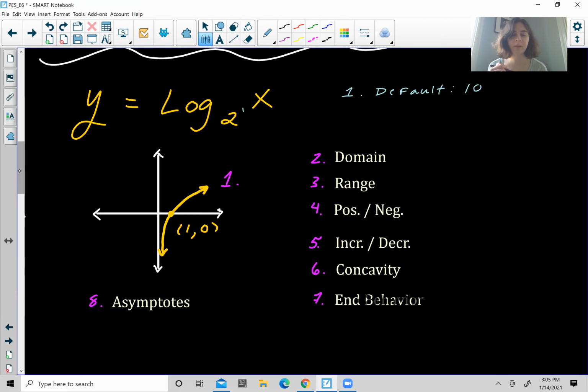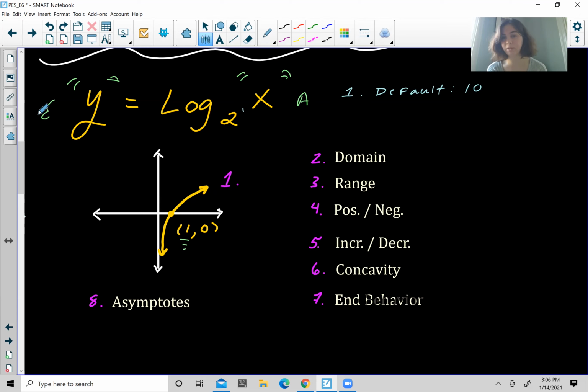And so number 1 is referring to intercepts. The intercept for this one is going to be (1, 0), which would make sense because if we had an answer of 1, and remember, I like to think of my x as the answer and my y as the exponent, if we had an answer of 1, what is the exponent that would have got us there?